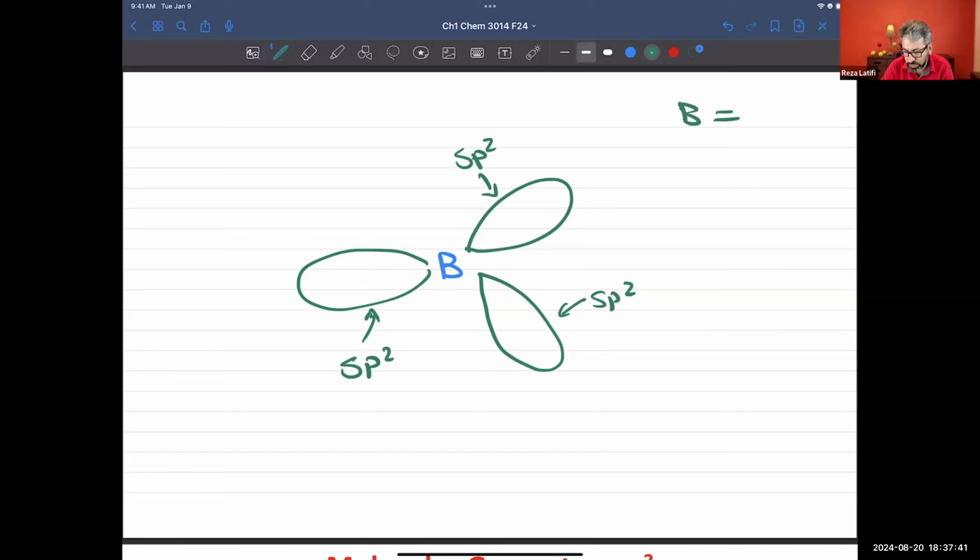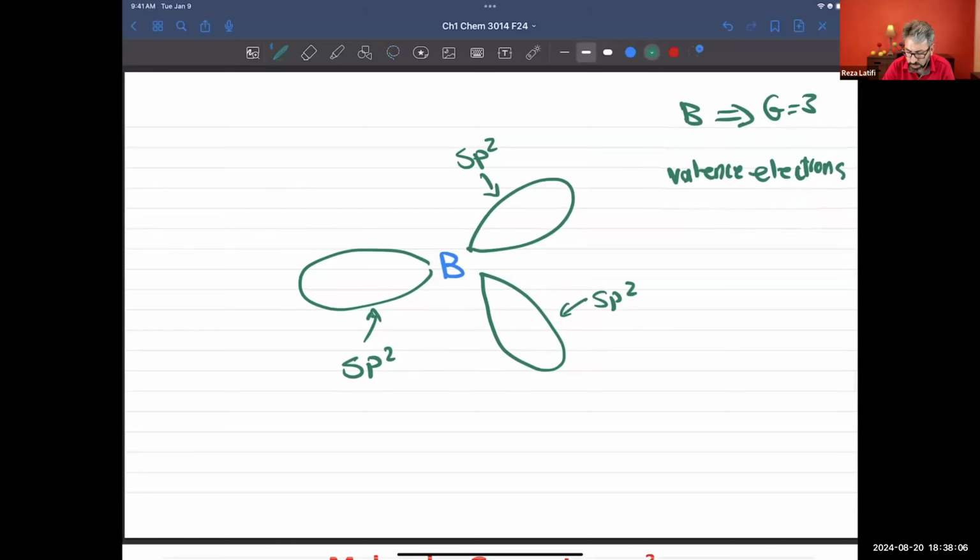Boron is a group 3, or it has 3 valence electrons. I'm going to show the valence electrons: 1, 2, 3.